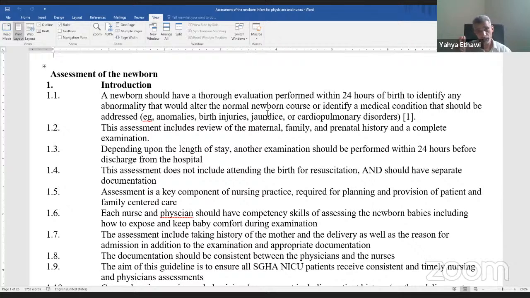So we have minor and major, hidden and obvious, apparent, and we have life-threatening malformation.